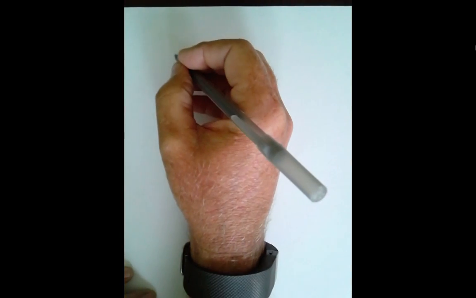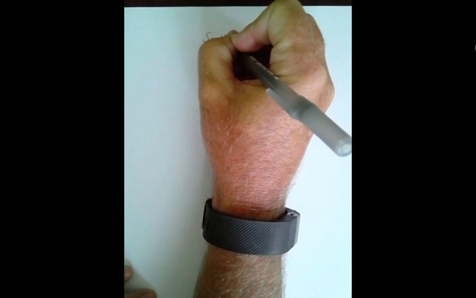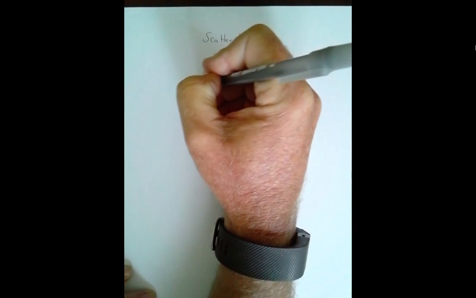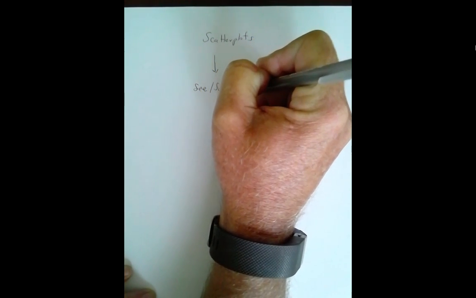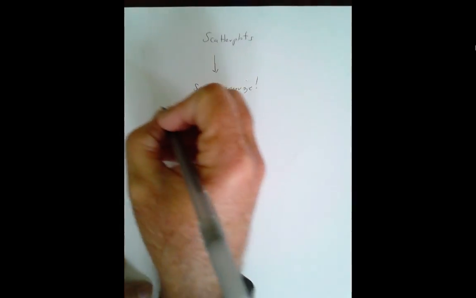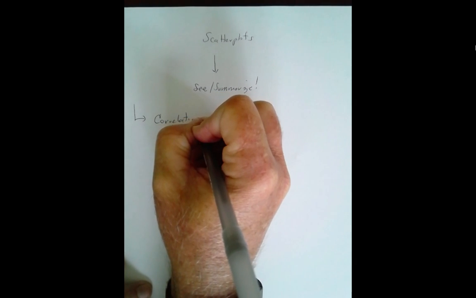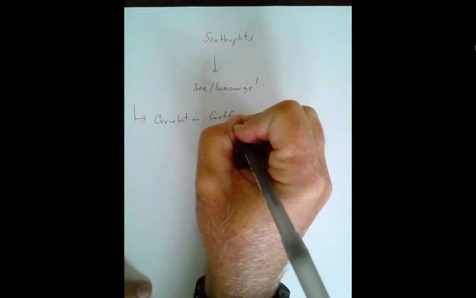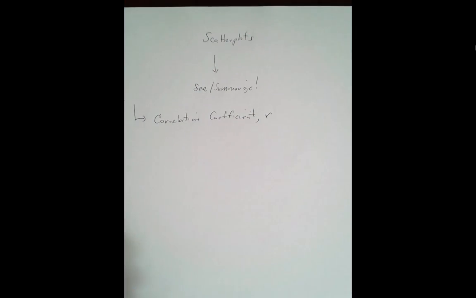So it turns out that these scatter plots that we use to see and summarize can be done more quantitatively with something called a correlation coefficient.